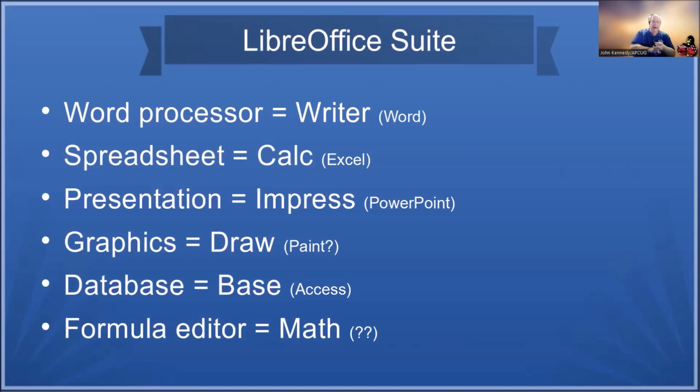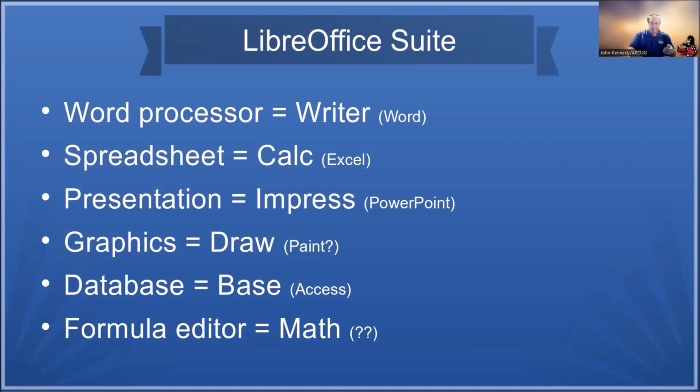Now, I will point out that we have unique names. You just can't call every word processor the same thing because you wouldn't know what it is. So each company or each developer has names. For LibreOffice, instead of Word, it's Writer, because that's what you're doing.